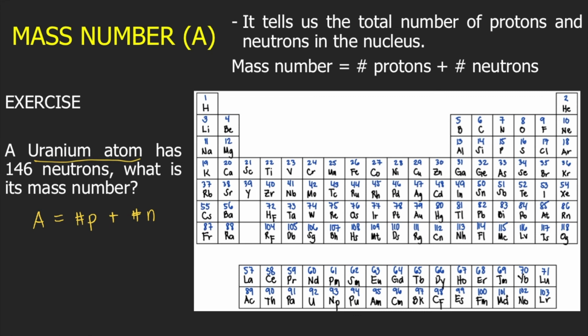If we look at our periodic table, this is uranium, and the atomic number of uranium is 92. Therefore, the number of protons is also equal to 92. Plus, the number of neutrons given in the problem is 146. So the mass number is 92 plus 146, and that's equal to 238. So the mass number is 238.